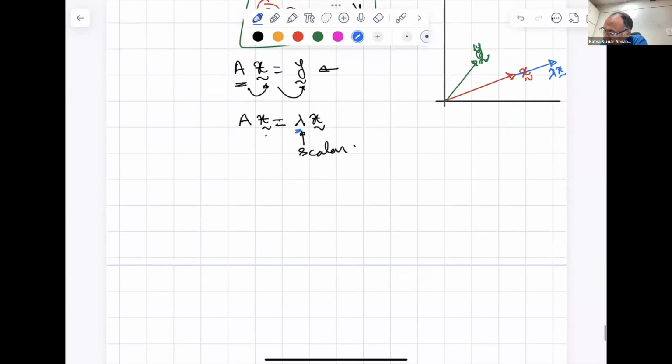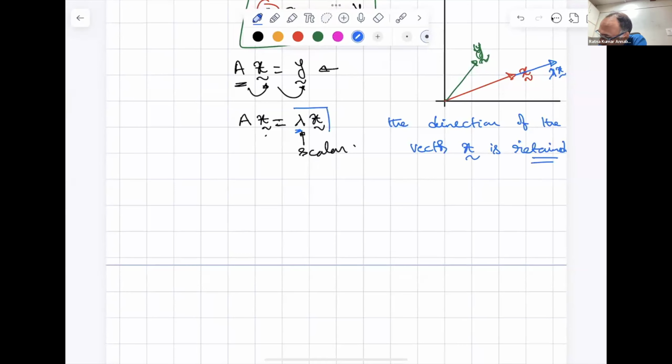So in this special scenario, the direction of the vector X is retained, but the magnitude is changed. The resultant will have a different magnitude, but the direction remains the same. Direction was not changed. So in the German language, eigen means self.